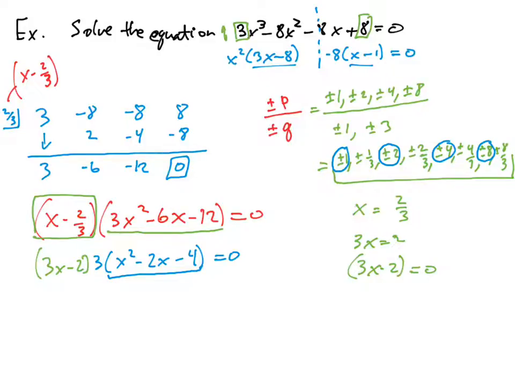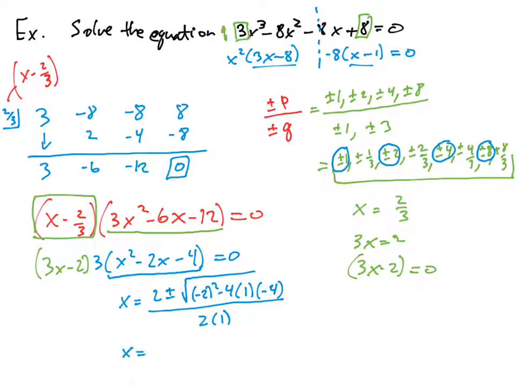So what we have to do here is use the quadratic formula. x is going to equal the opposite of b, plus or minus the square root of b squared minus 4ac, where a is 1, c is -4, all over 2 times a.